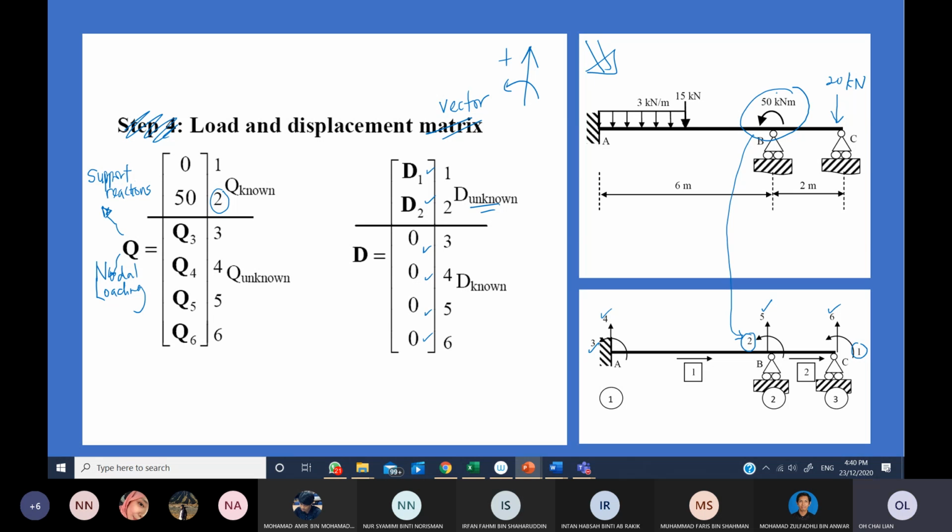If I have a 20 kilonewton acting at C, it becomes 20 at where? Q6, yes, you are right, because this arrow following the 6 is matched in the vertical direction. So Q6 will have a value of 20 kilonewton.